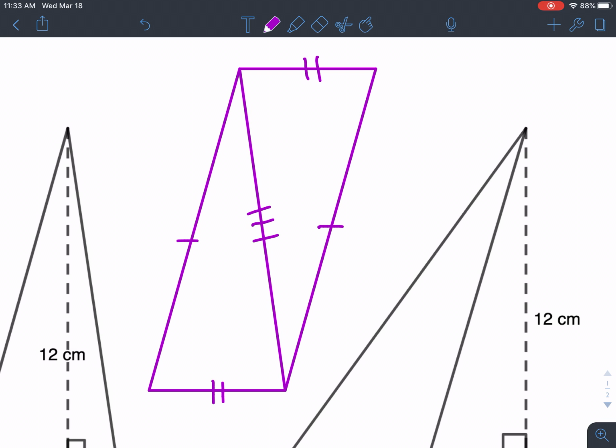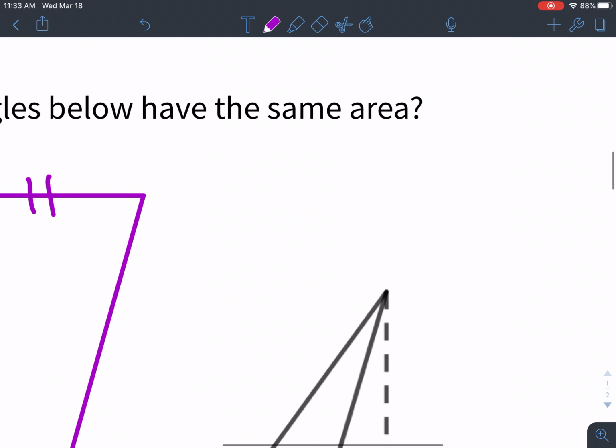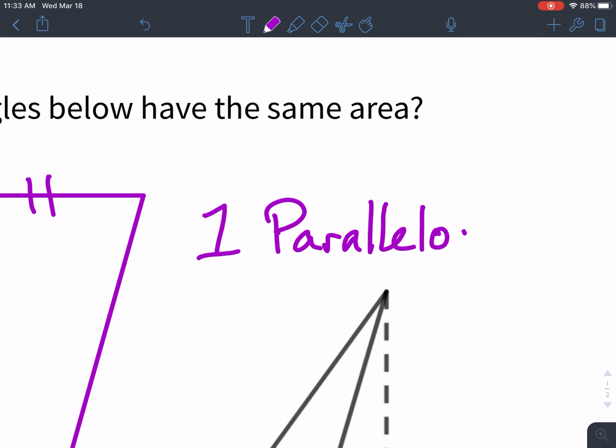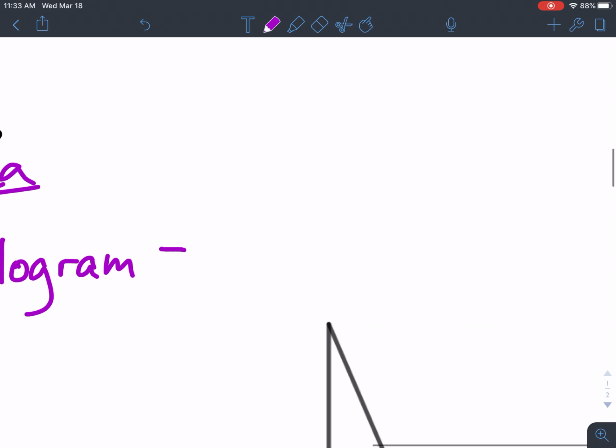So we could say, if we're talking about area, that the area of one parallelogram is equal to the area of 2 triangles.